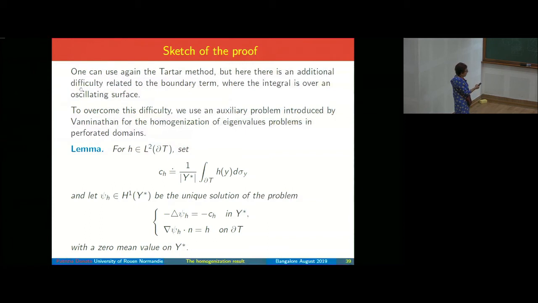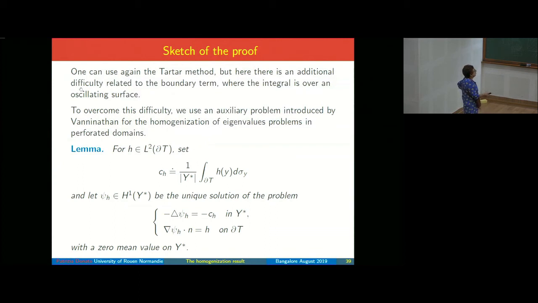So the idea is the following. You take the Neumann problem corresponding to the Laplacian in the perforated reference cell, and let us fix some h. Then we use it for different h. Then you have the Laplace problem equal to some constant, and you have the Neumann condition equal to h.